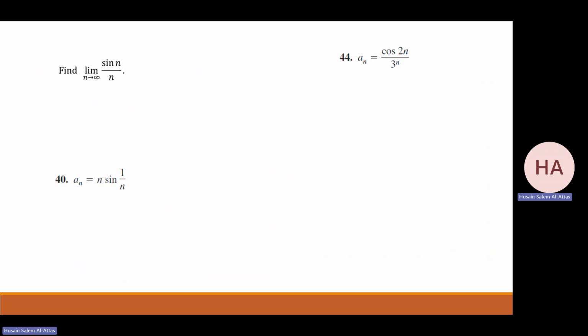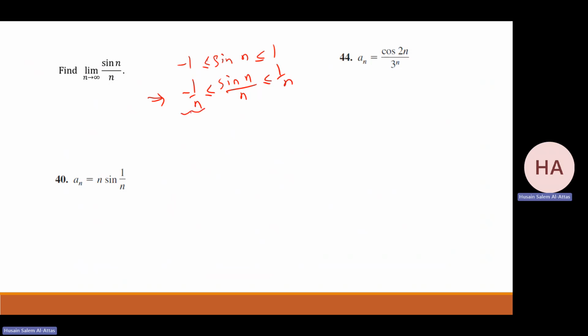Sine n over n, or sine 2n, or n sine 1 over n. Okay. Be careful. Sometimes we need the squeeze theorem. In this case, I think we need the squeeze theorem. Why? I know sine n is between minus 1 and 1. So that implies sine n over n is between minus 1 over n and 1 over n.